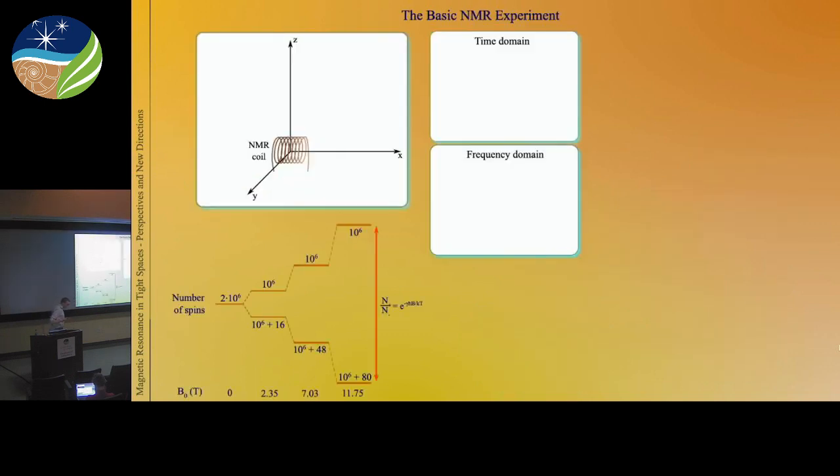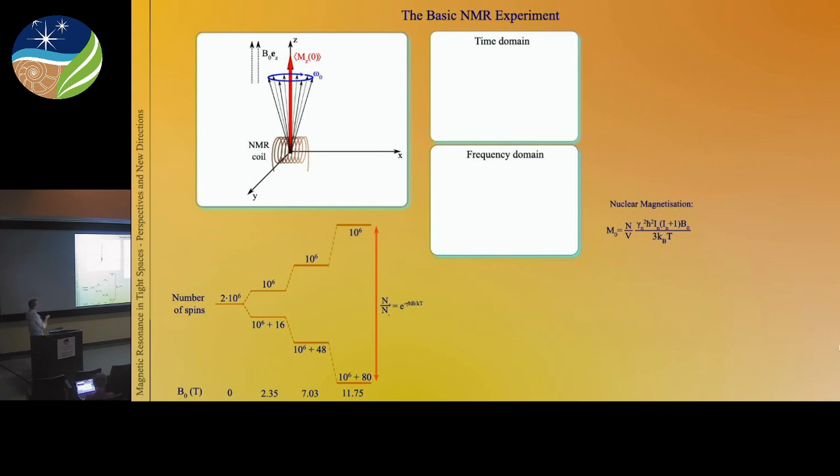So when we are thinking about NMR, the most basic NMR experiment works like that. Imagine you have an NMR coil, which is part of an LC tank circuit. Now if we fill that coil with a paramagnetic or diamagnetic sample and switch on the magnetic field, for example along the Z-axis, we know that a small amount of the nuclear magnetic moments will be polarized and begin to precess along this magnetic field axis with a certain frequency.